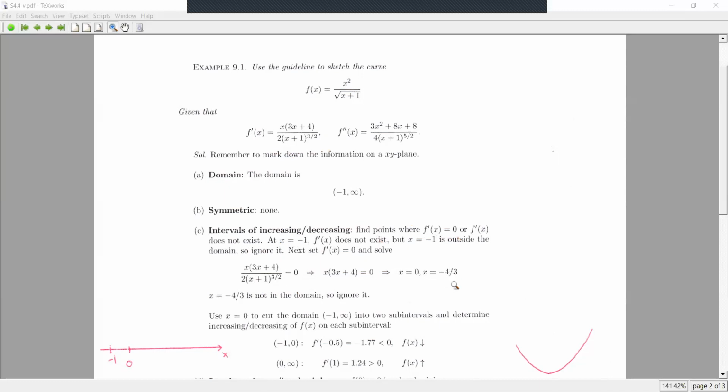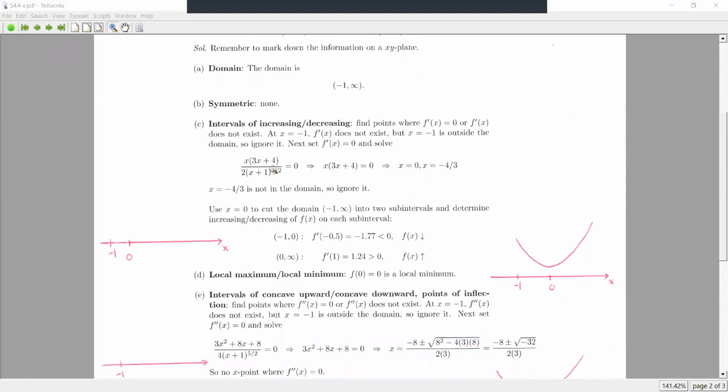At these 2 points, the derivative is 0. Again, -4/3 is outside the domain, so I ignore this point. Therefore, there is only 1 point inside the domain where the derivative is 0 or doesn't exist.